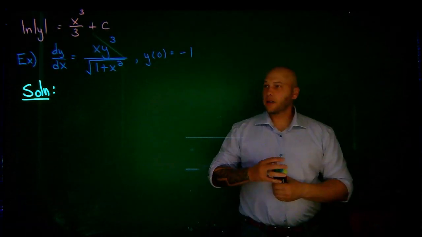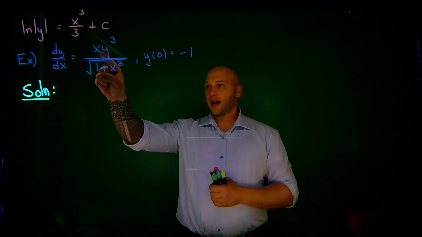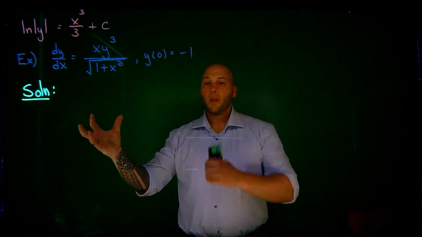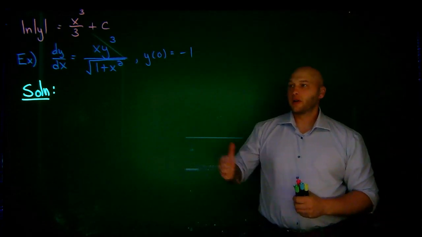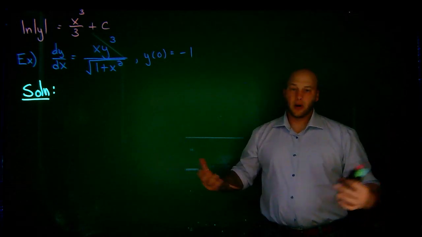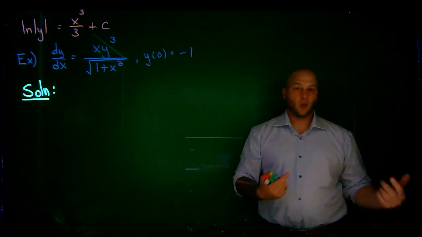Again, I can see that the expression is written as a product: x divided by the square root of 1 plus x squared, that's my x expression, multiplied by y to the third. I have it written as a single fraction there, but I could just take y cubed and pull it off at the end, and we can see that it is separated as a product of terms in x and terms in y.